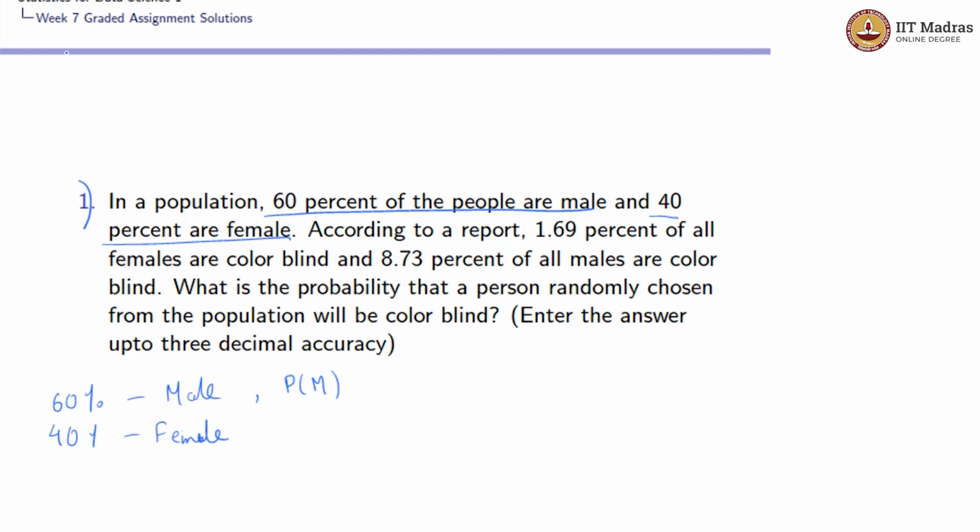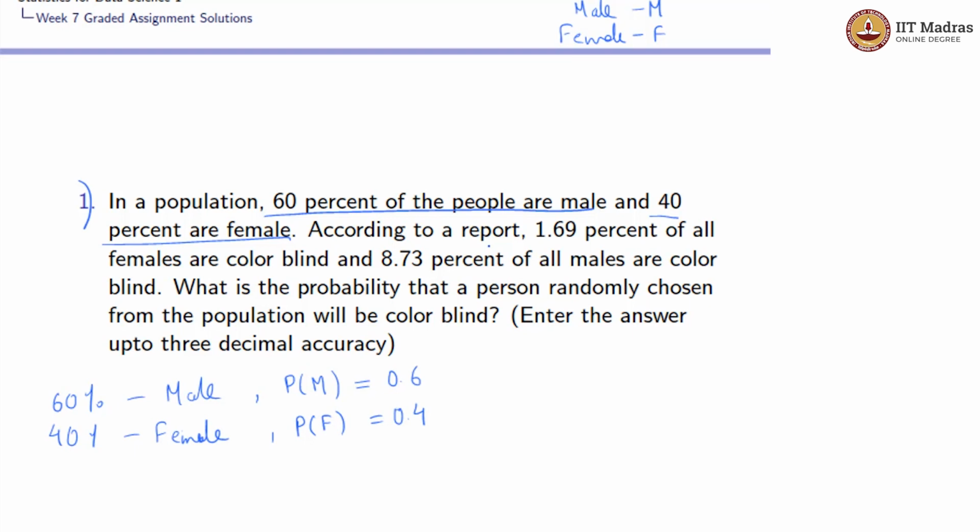Let's say we are denoting male by M, female by F. So the probability of a person being male is going to be 0.6 and the probability of a person being a female is going to be 0.4.